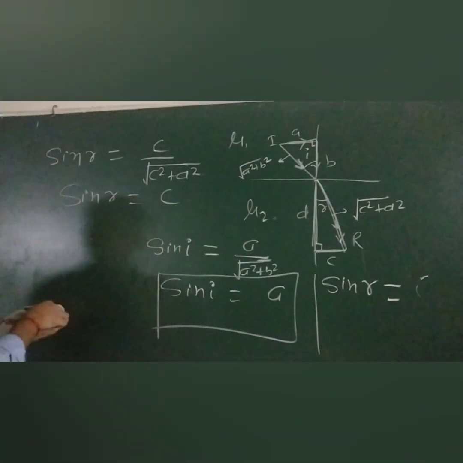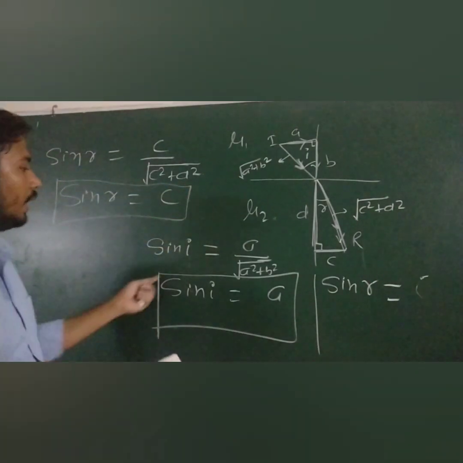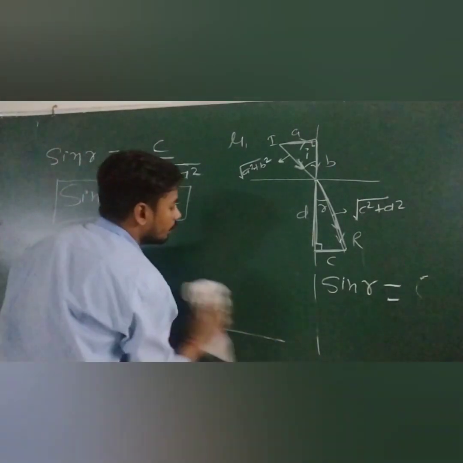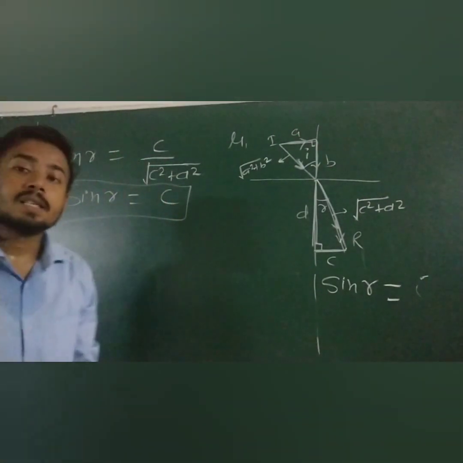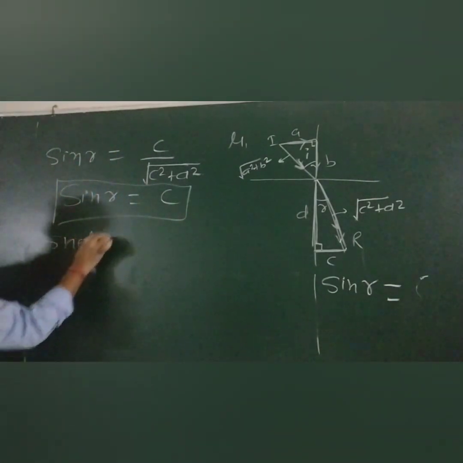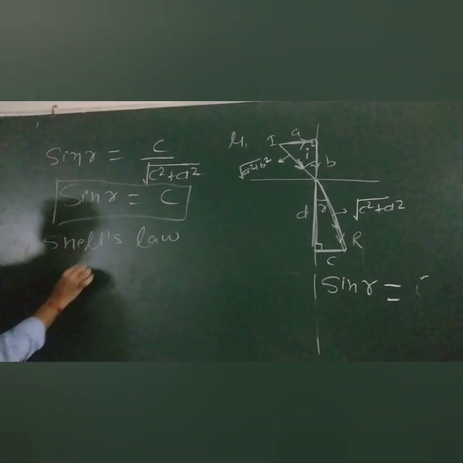Sine I we have calculated, and sine R we got is equal to C. Now we can apply the formula, Snell's law. What is Snell's law, my dear?